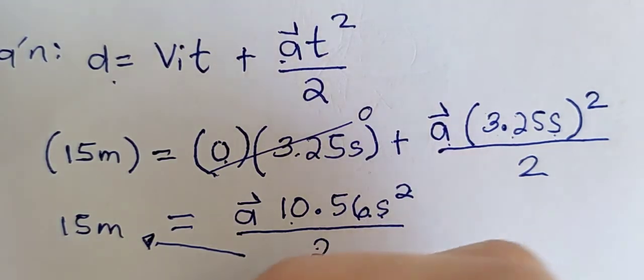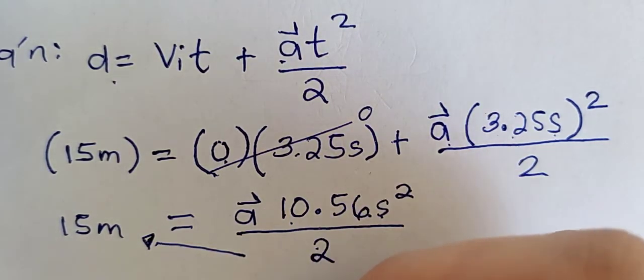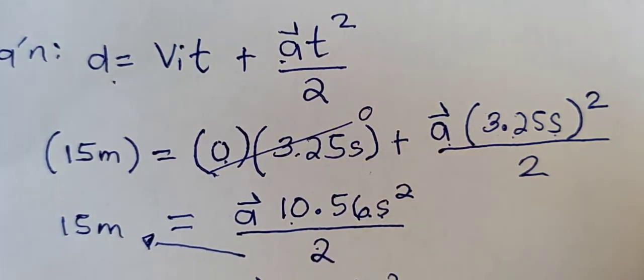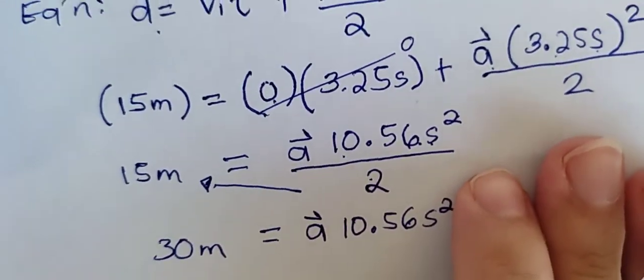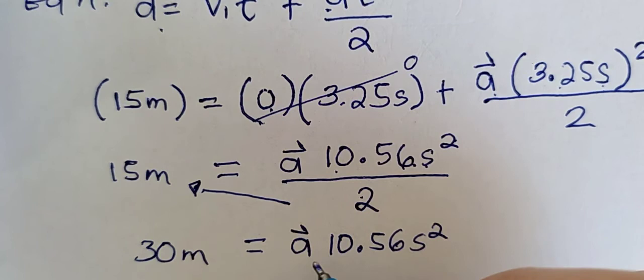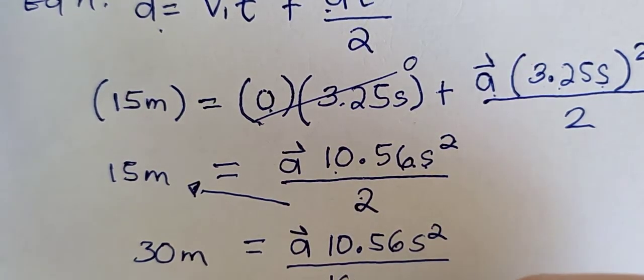So we have a more simplified equation, which is 30 meters equals a times 10.56 s squared. Since acceleration is the one that we are going to solve, we can now get the acceleration by dividing both sides by 10.56 s squared.